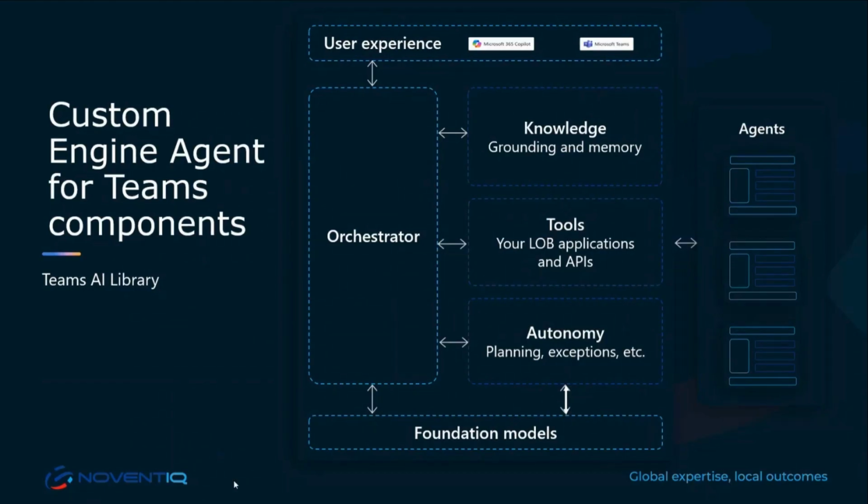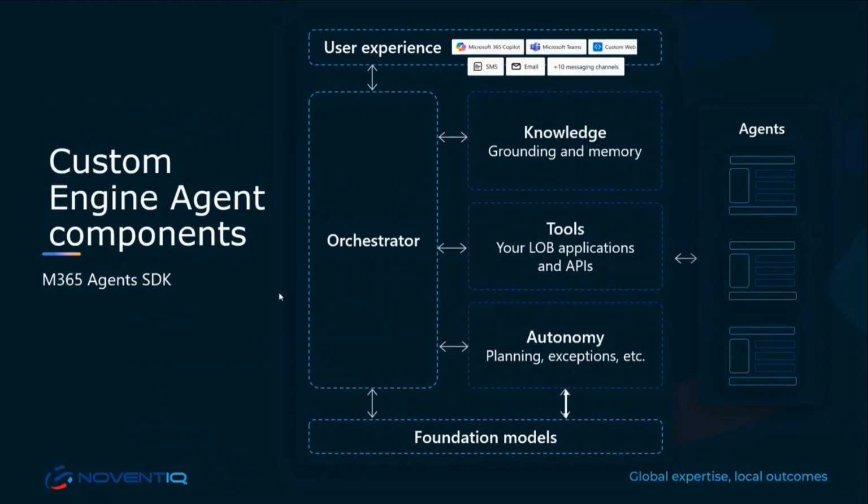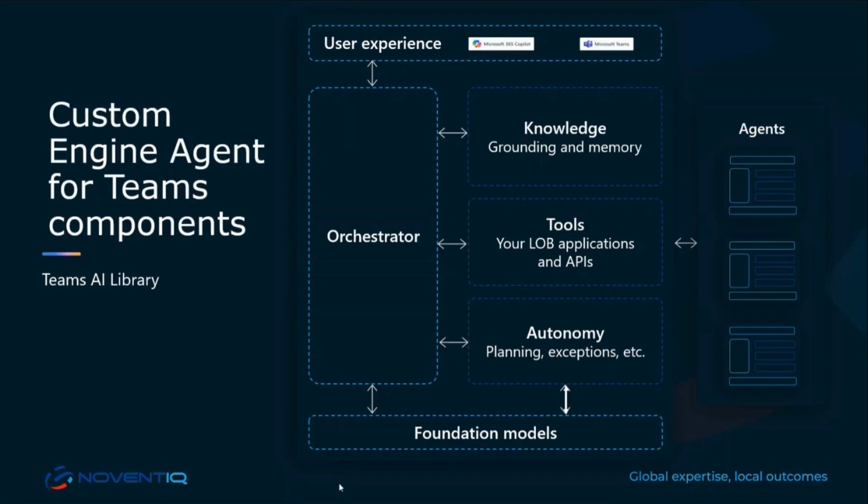The difference between the Teams AI library and the M365 Agent SDK is that the bot service channels are different. For the M365 Agent SDK, you can add multiple bot channels, whereas for the Teams AI library, you can only add M365 Copilot and Microsoft Teams as the user experience of the channel.